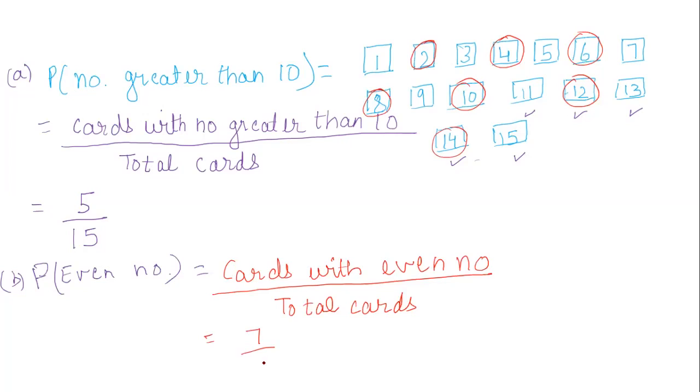7 divided by 15. If 7 cards are even, then what is the probability of an odd card?